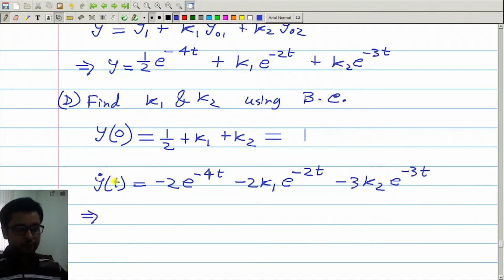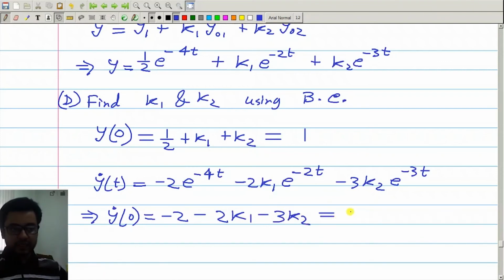And if I put t equal to 0, then this is minus 2 minus 2k1 minus 3k2. This is given in the question as equal to 0.